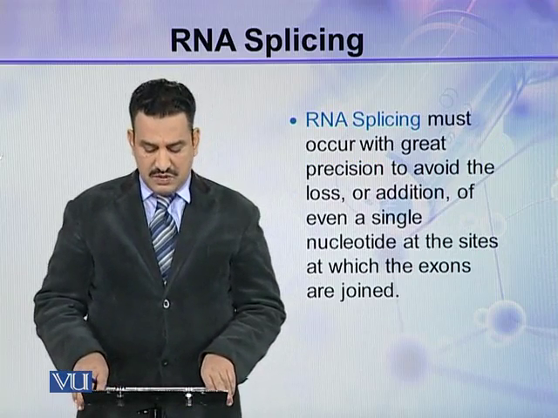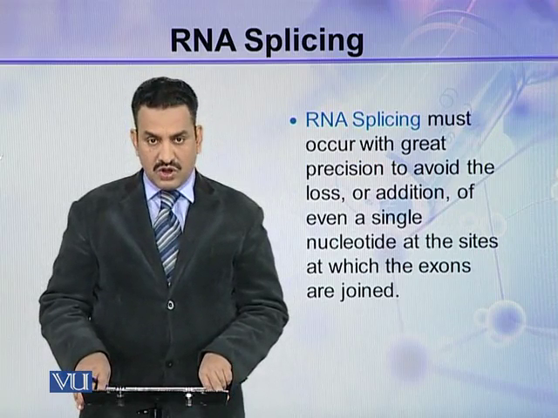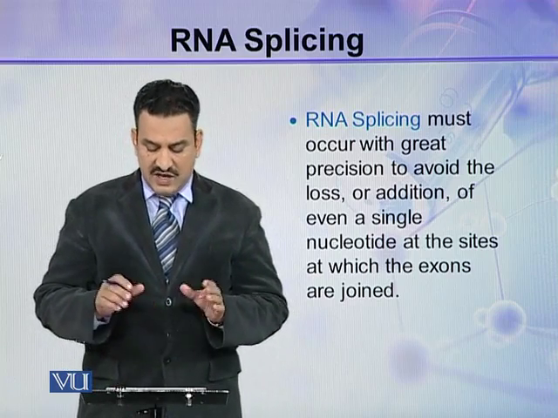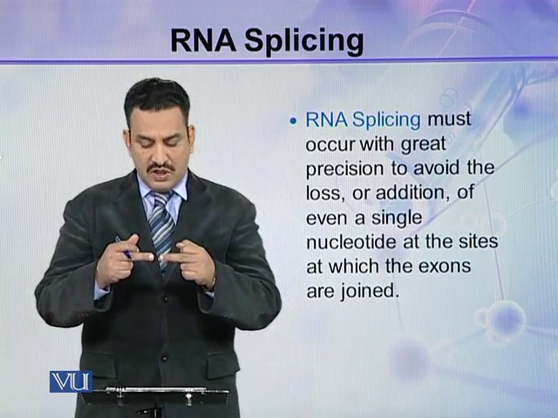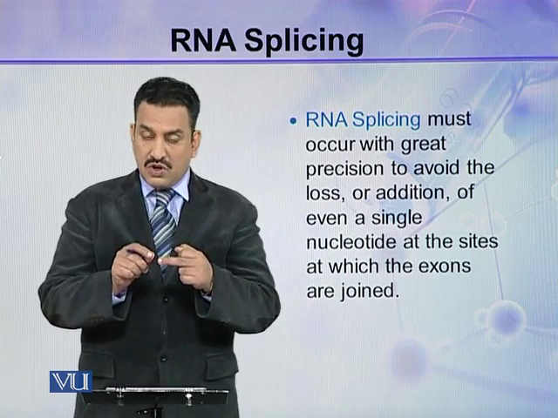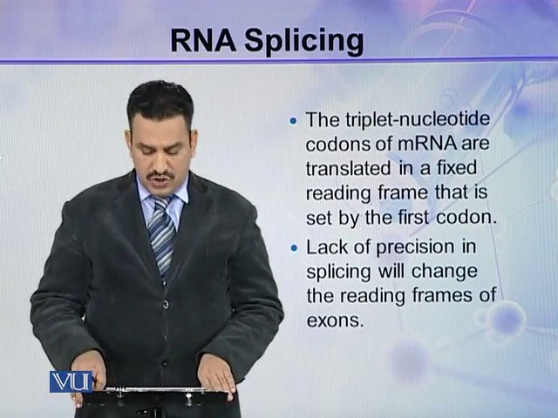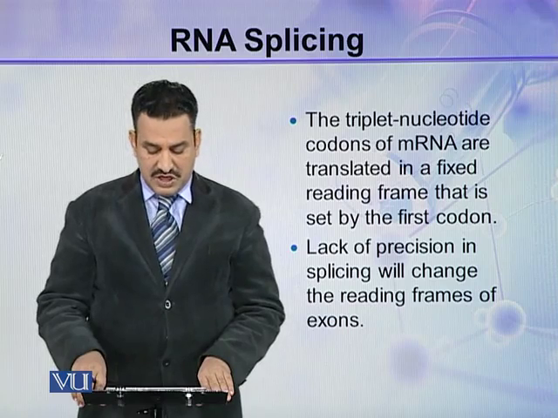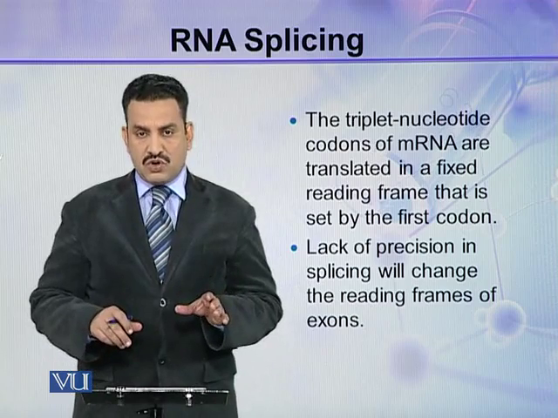RNA splicing must occur with great precision to avoid the loss or addition of even a single nucleotide at the sites at which two exons join. So at this joining point, there must not be even the loss of a single nucleotide. The triplet nucleotide codons of mRNA are translated in a fixed reading frame that is set by the first codon.